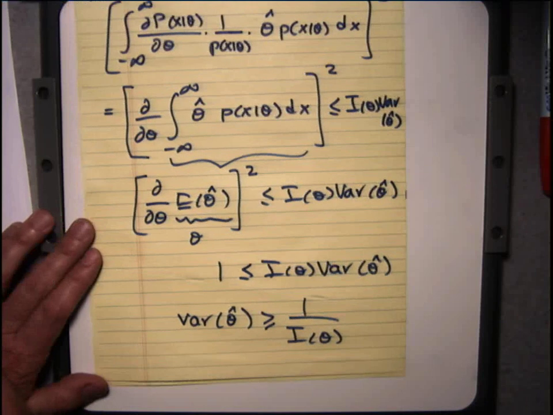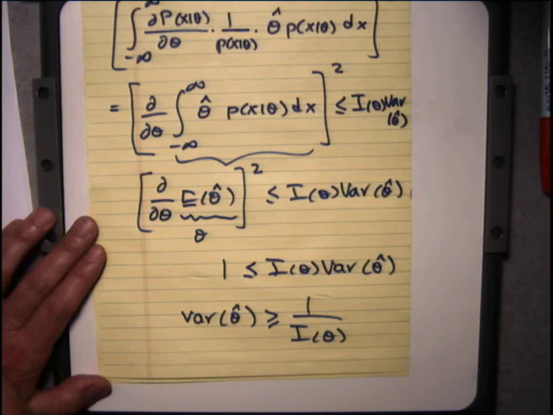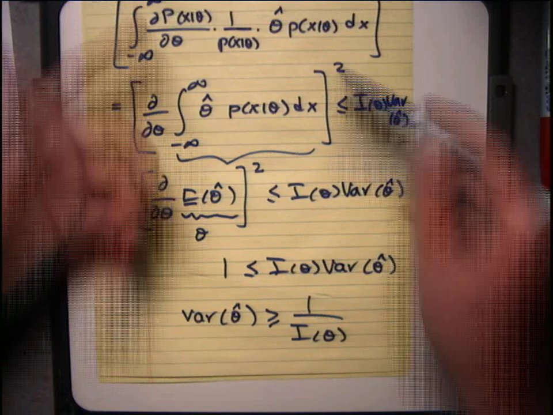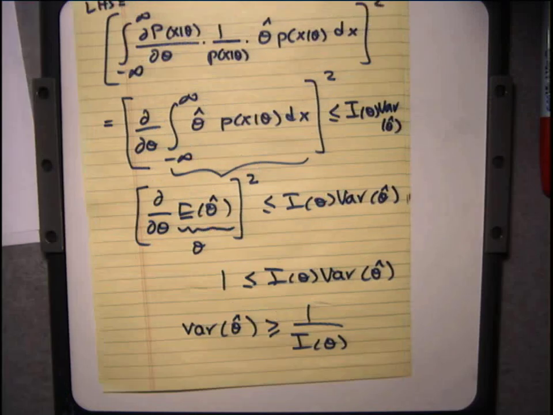So it's clearly not an obvious result, right? But an awfully useful one. And I didn't even do the biased case. The biased case involves even more calculations. But this is the bottom line.